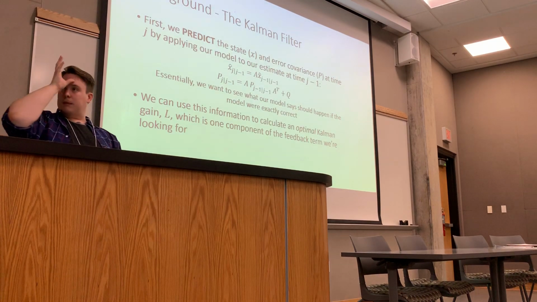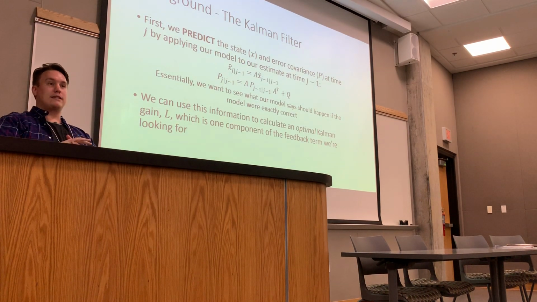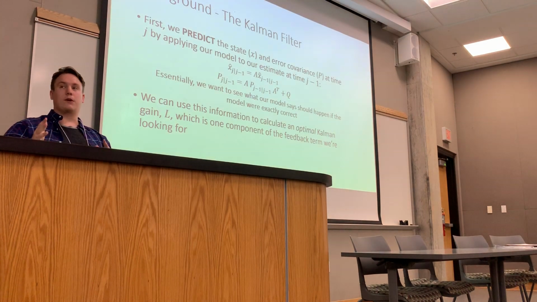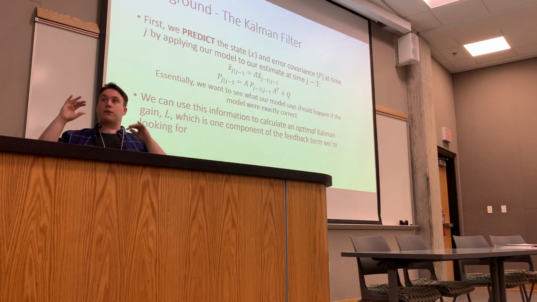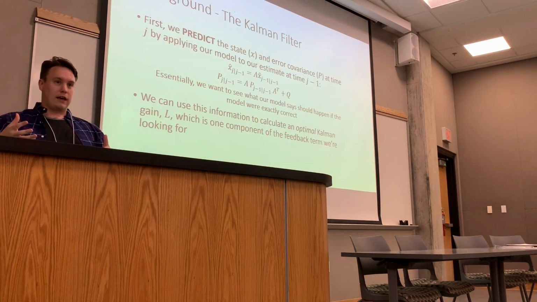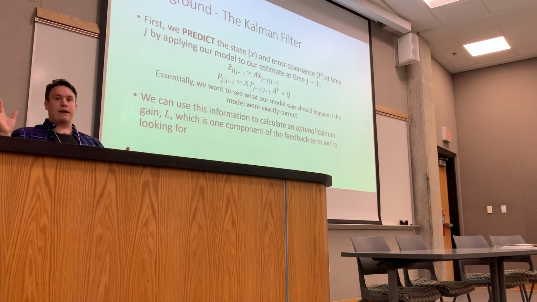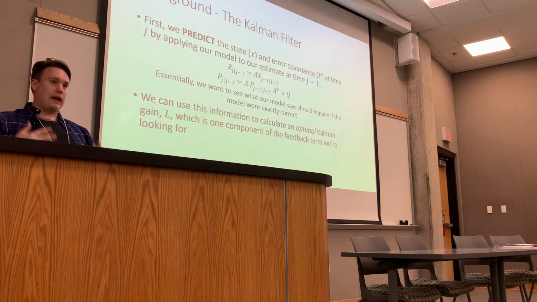And then we can also keep track of our error covariance, so we can tell how far off we are. We can get an idea of how far off we think we are with this matrix P. Then we can use all of that information we've just calculated, in addition to our knowledge of Q and R and C, and we can calculate an optimal gain for our system.